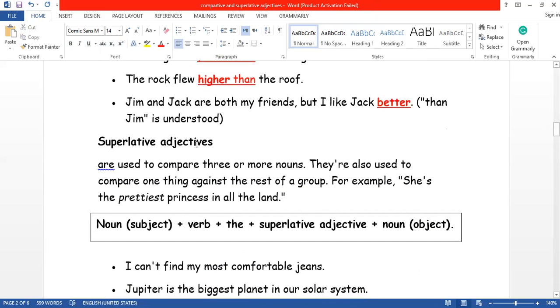So, superlative adjective. Teacher, what is the difference between comparative and superlative? Focus with me, please. If I want to compare between two things, two people, two animals, two places, we use the comparative adjective. But if I want to compare between three or more, I use the superlative adjective.